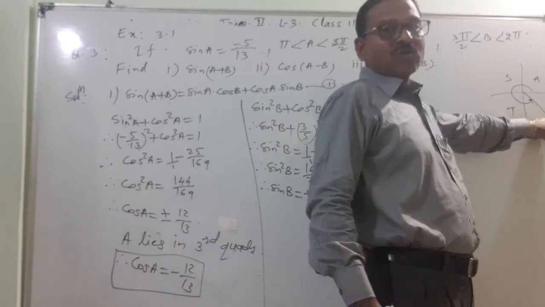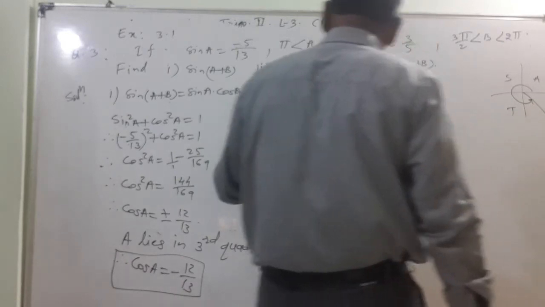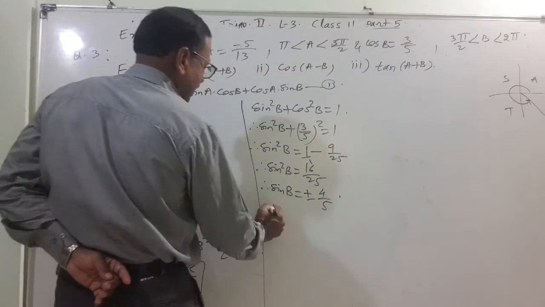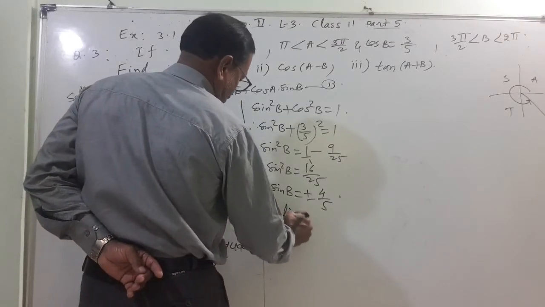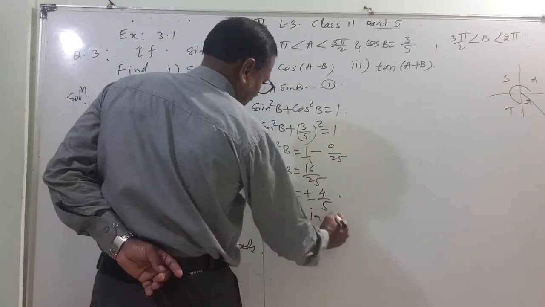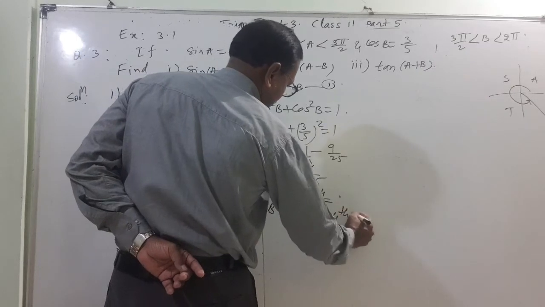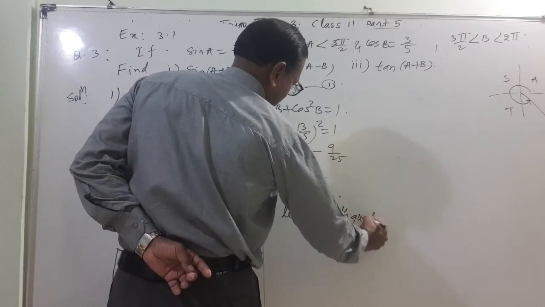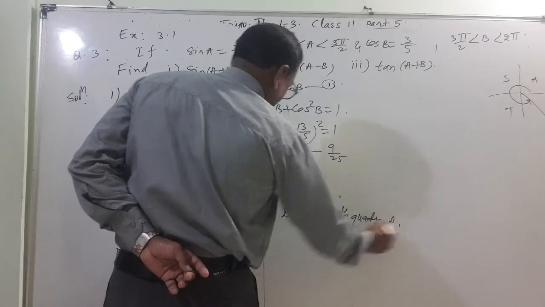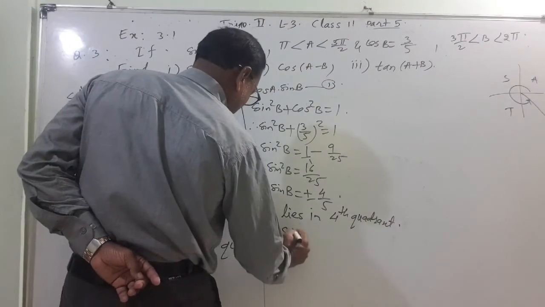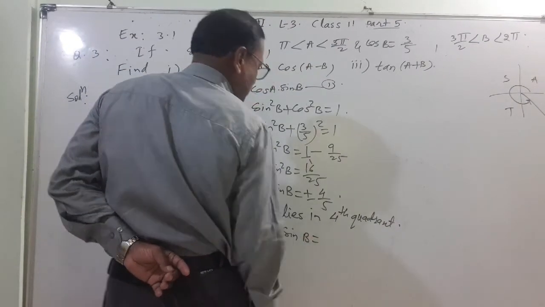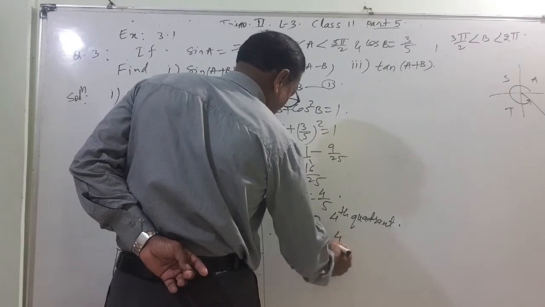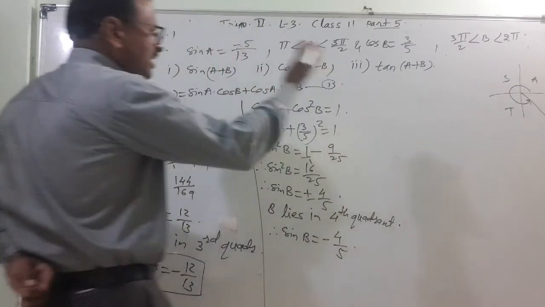But what I am searching? Sin. B lies in fourth quadrant. Therefore, sin of B is equal to minus 4 upon 5. Because there is cos positive.